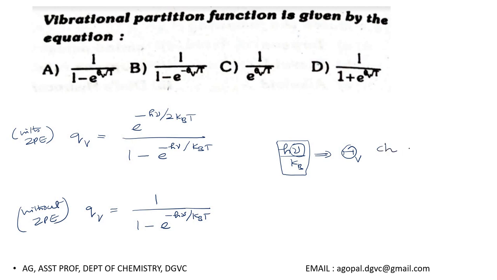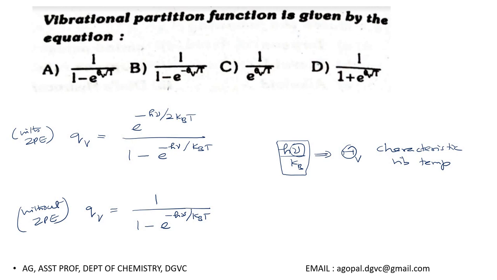It is often referred to as the characteristic vibrational temperature, represented as theta V. Because h nu by kB has the unit of temperature, this quantity is called the characteristic vibrational temperature.